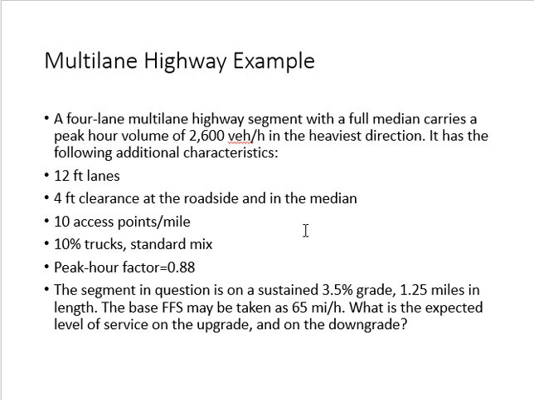Whatever peak hour volume we select for one direction, we are not doing it for the same hour. We assume that the same volume is expected in some other hour in the other direction. So we will not have 2600 at the same time. Maybe in the morning 2600 is in the upward direction.